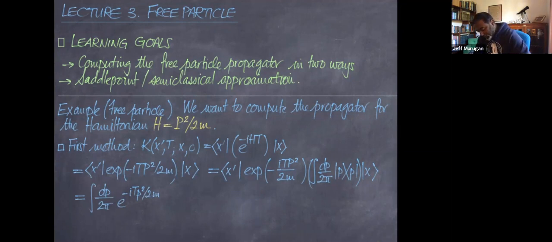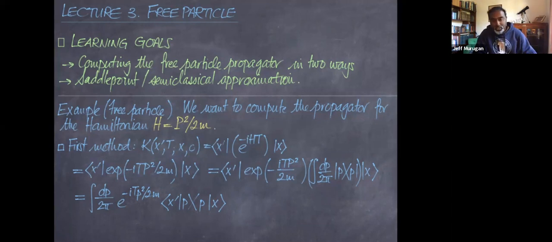And what's left is x prime inner product p multiplying p inner product x. But as we saw, each of these inner products here is basically just a plane wave expansion.